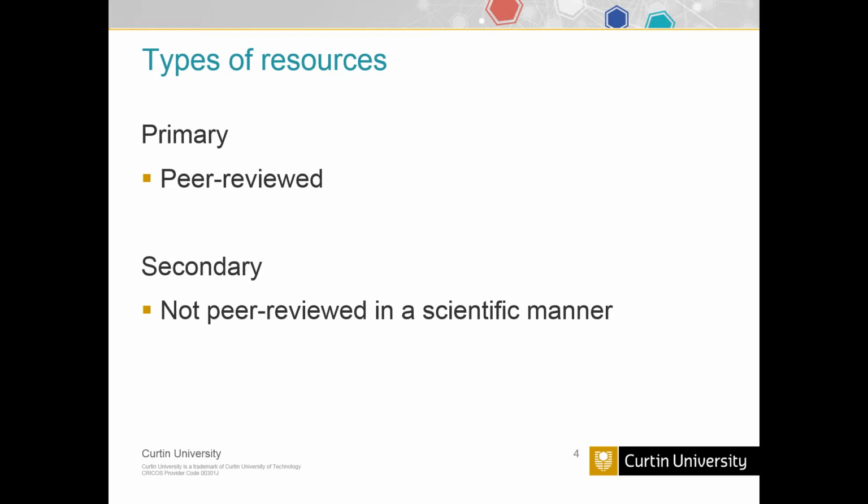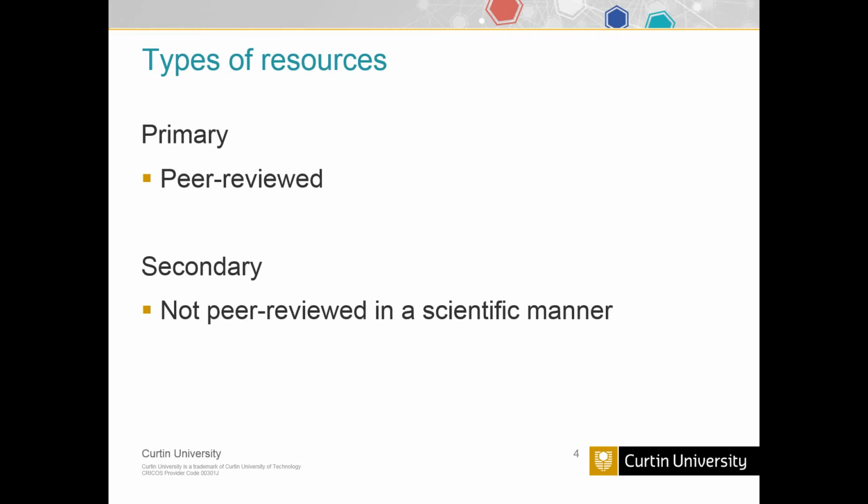Essentially, there are 2 kinds of resources referred to in academic writing: primary and secondary. Primary resources are peer-reviewed. Peer-reviewed sources are the best to use in academic papers, and these include published journal articles in scientific journals. These are the most often used resources in academic papers.